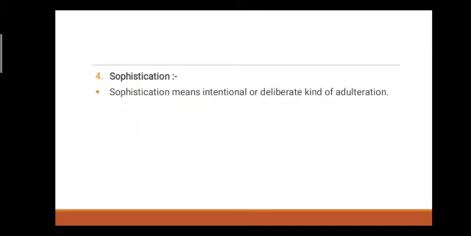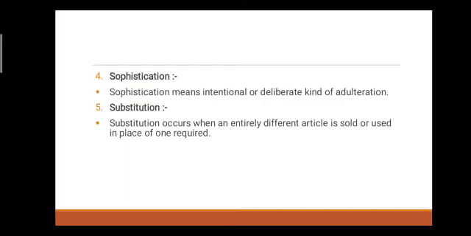Sophistication means intentional or deliberate kind of adulteration. Fifth, substitution. Substitution occurs when an entirely different article is sold or used in place of one required.